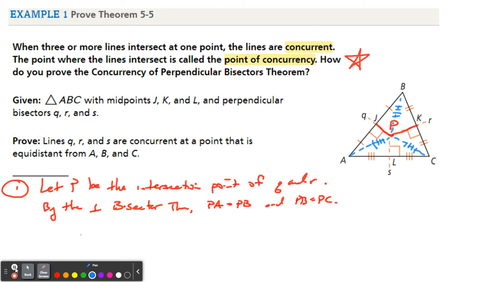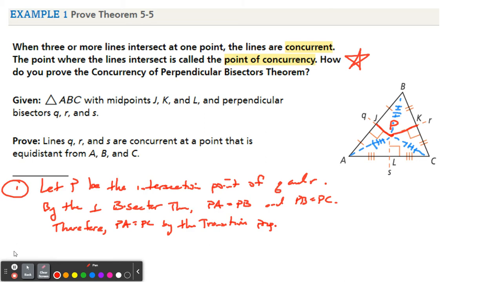Then we can use the transitive property. Therefore, PA is equal to PC by the transitive property. And as you can see, they're all congruent to each other.